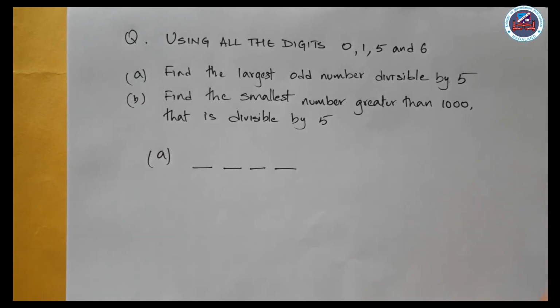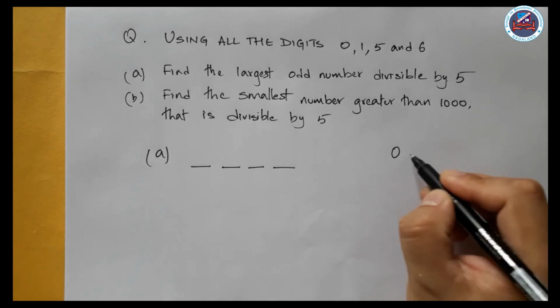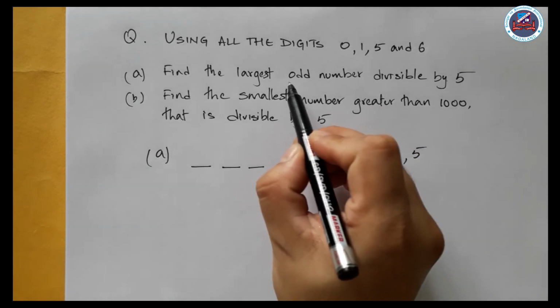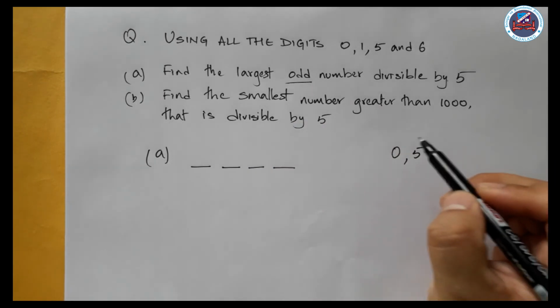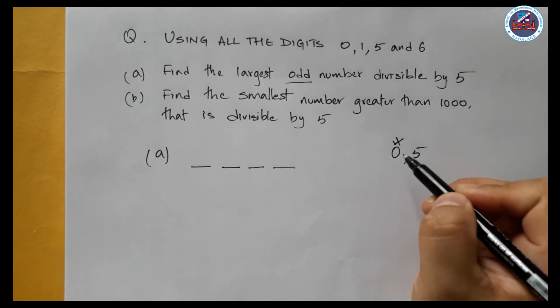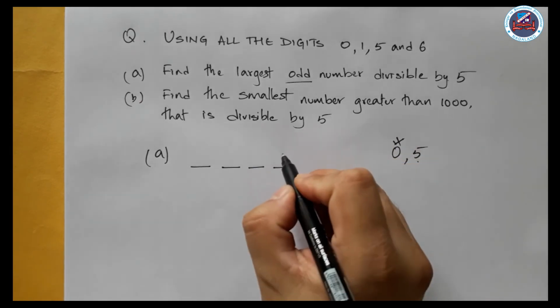Now for a number to be divisible by 5, the last number has to be either 0 or 5. Now for a number to be odd, we cannot have a number which is 0 in the end. So we cannot use 0 in the end. So we have to use the number 5.